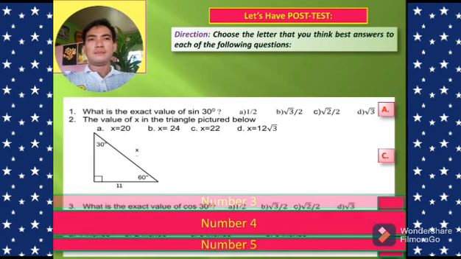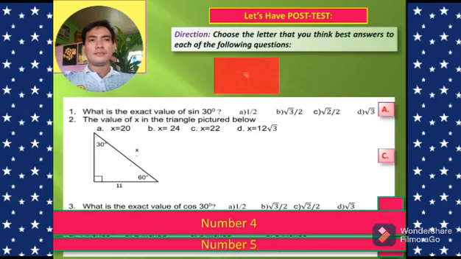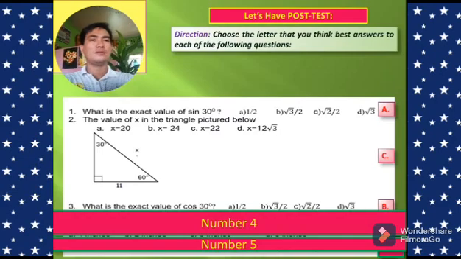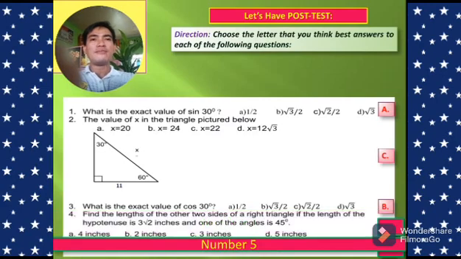For number 3. What is the exact value of cosine 30 degrees? Ready? Go. The correct answer is letter B. Okay, let's proceed to number 4. For number 4, find the lengths of the other two sides of a right triangle if the length of the hypotenuse is 3 square root of 2 inches and one of the angles is 45 degrees.